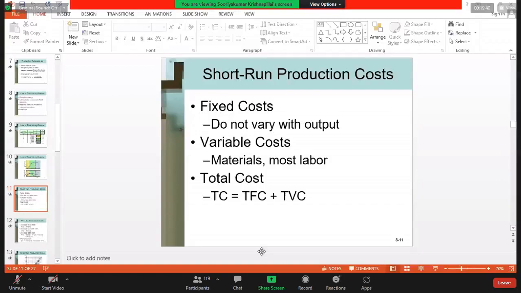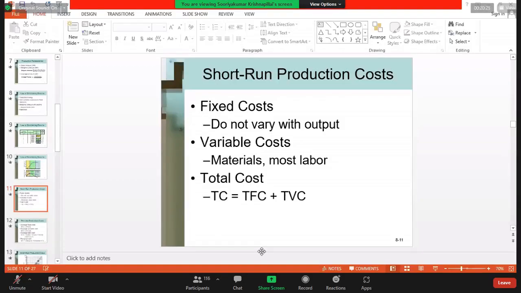If it's a farm, land or machinery may be fixed, and the fertilizer, seeds, pesticide, and labor can be variable inputs. The long run means the firm has enough time to change the level of all the inputs for production, so then there is no fixed input.